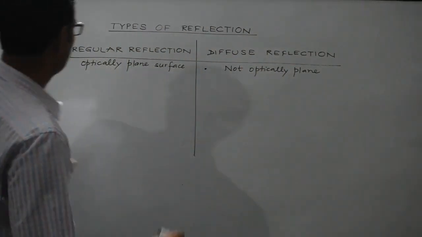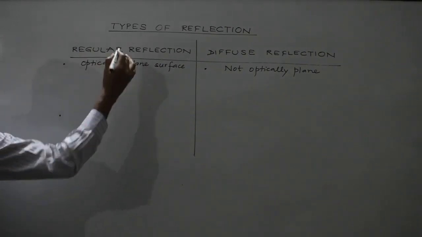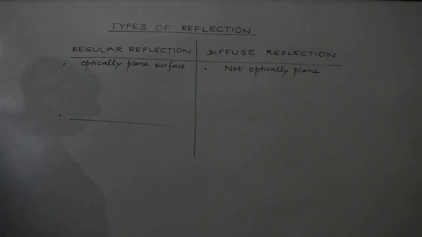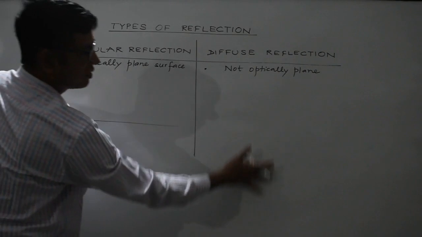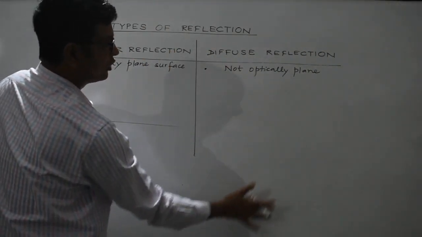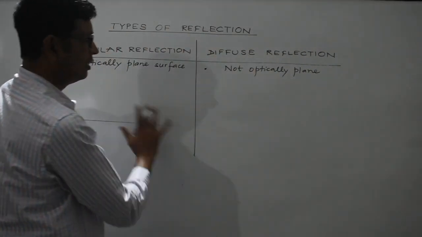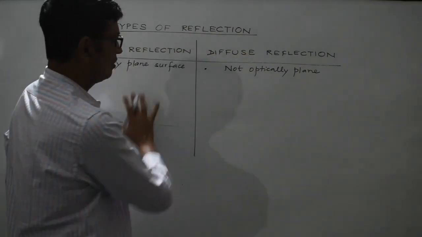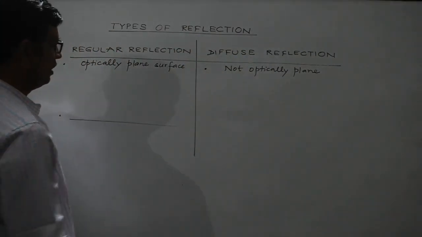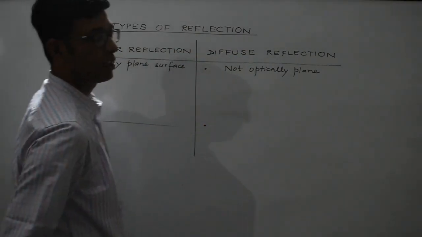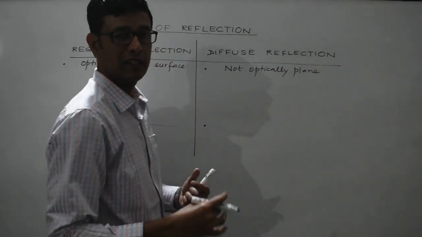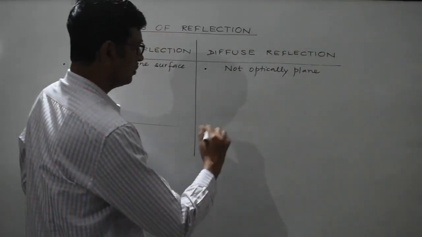I'll show it diagrammatically. So basically, regular reflection takes place on a plane smooth surface. You can imagine this white board which is made up of plywood. It can be sunmica, and it can be considered a plane smooth surface. On the other hand, if you consider the wall, it has certain irregularities, it's not perfectly smooth.